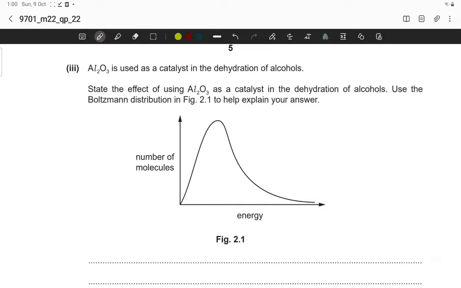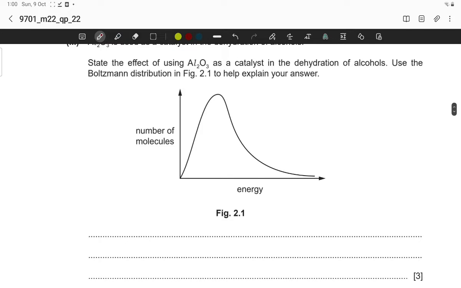So for example, this is the activation energy with catalyst, and this is without catalyst.